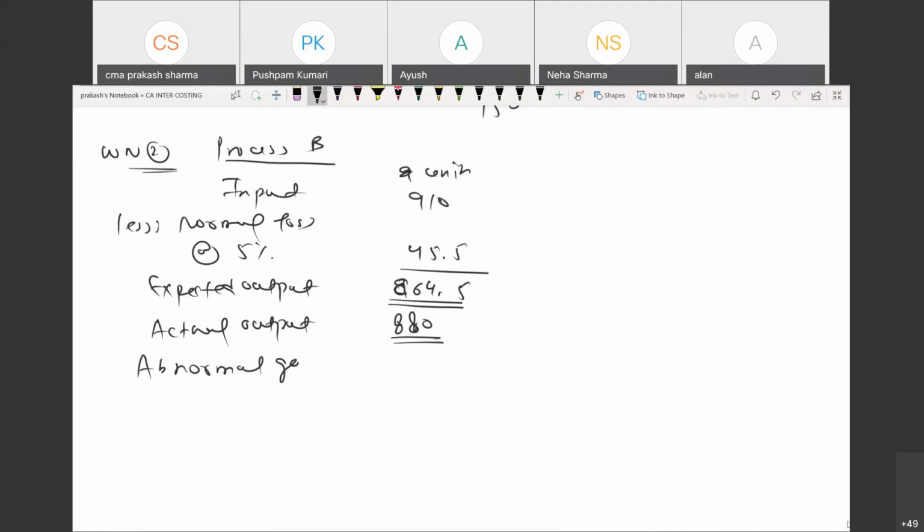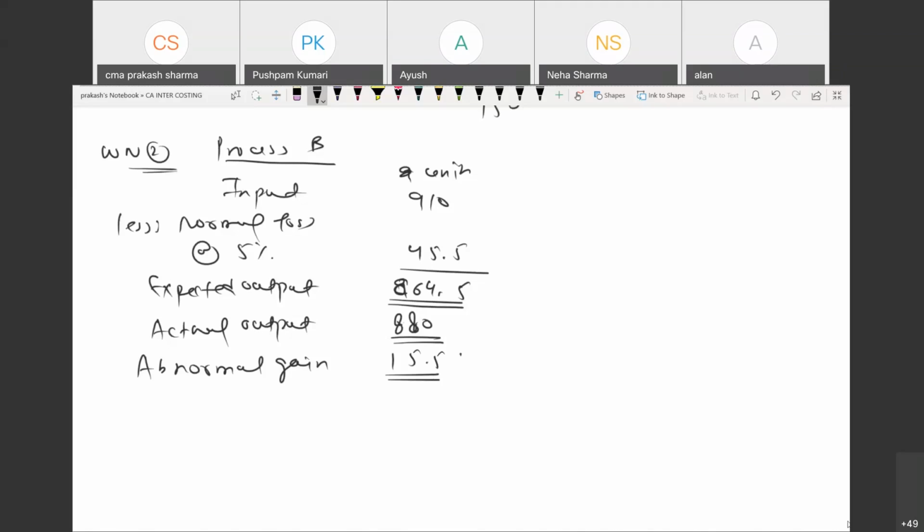Or I should say, my actual loss is lesser than expected loss. If actual output is more than expected output, there is abnormal gain. Abnormal gain implies that my actual loss is lesser than normal loss. So how many units have emerged as abnormal gain? It is 15.5 units.